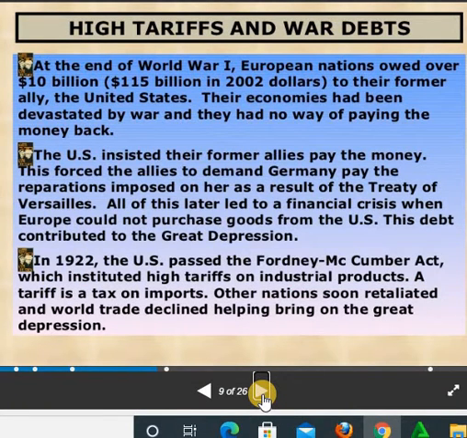In addition, there were high tariffs and war debts during this period. At the end of World War I, European nations owed over $10 billion to America.